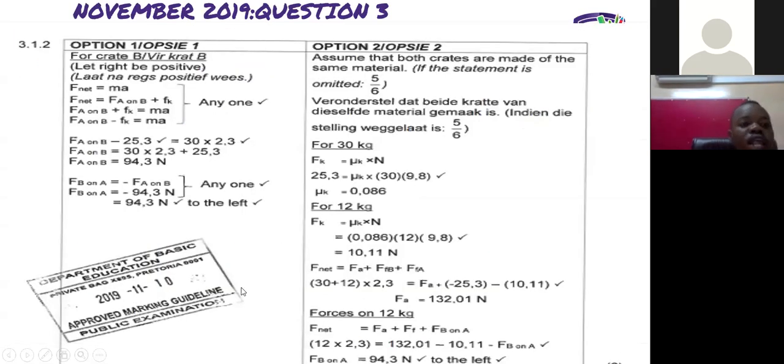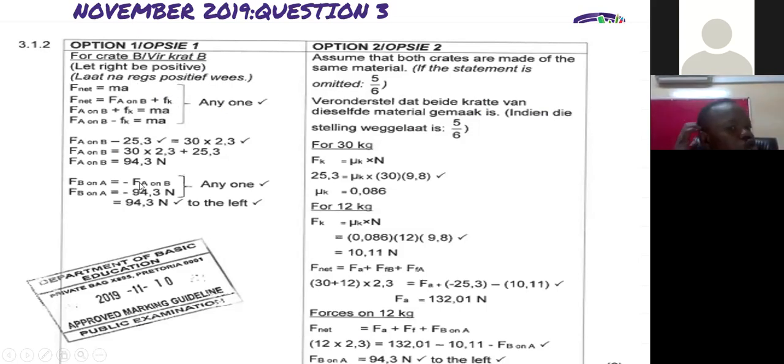Now, you will agree with me that the force that B exerts on A is actually the same in magnitude as the force that A exerts on B. Now, if I look at B and I choose my direction to the right as positive, I can see that the net force on B is given as the applied force plus the kinetic friction.